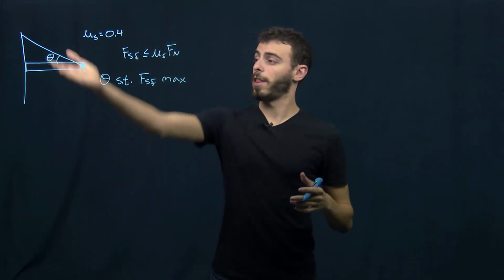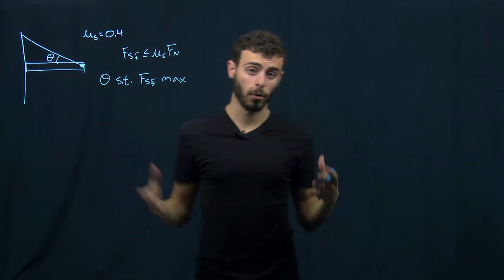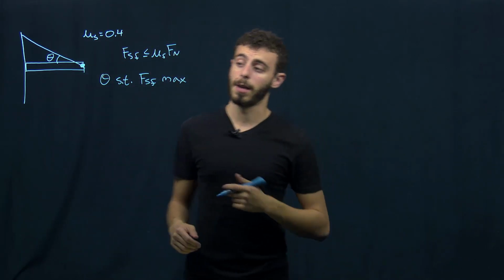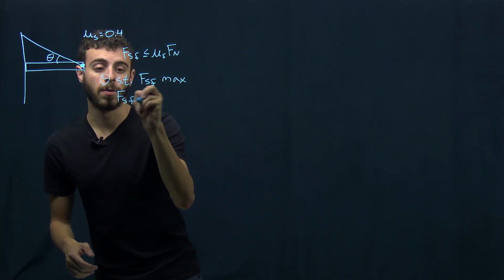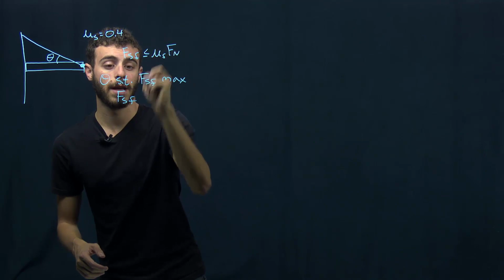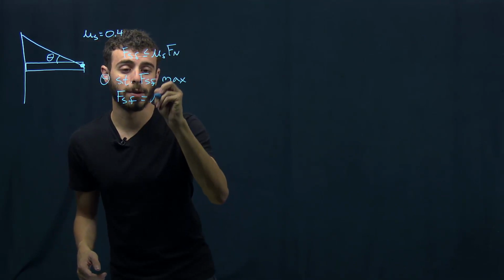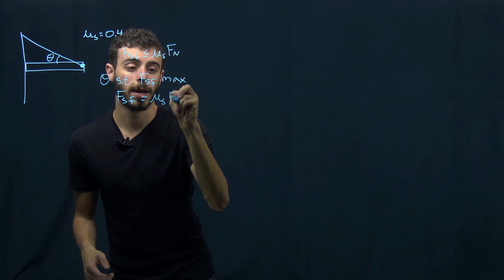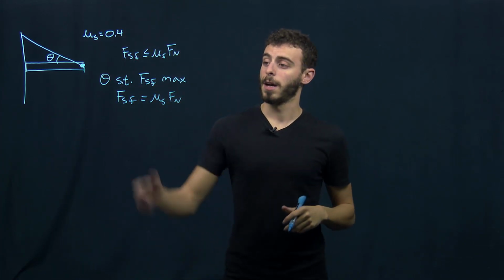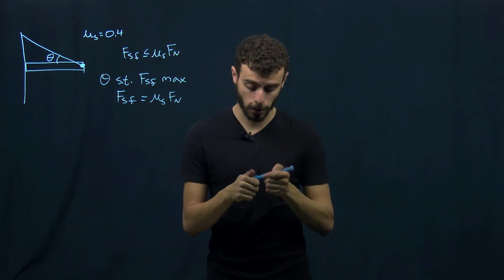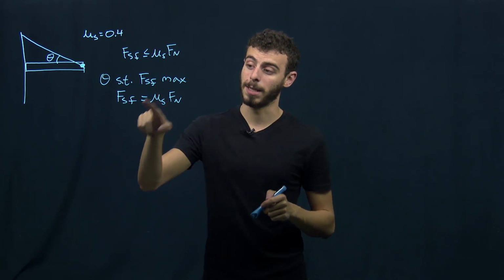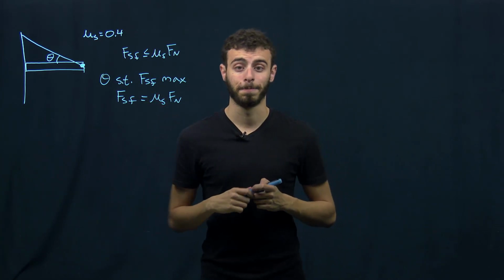Anything larger than that would mean that this meter stick will be slipping along the wall and we're not in equilibrium anymore. So that is when the static friction force is equal to mu_s times our normal force. What we're going to do today is just impose the fact that we want our static friction force to be at its maximum, which means it's equal to mu_s times normal.